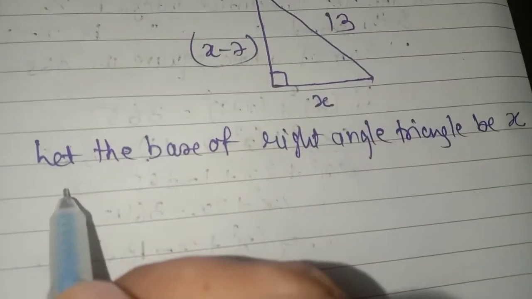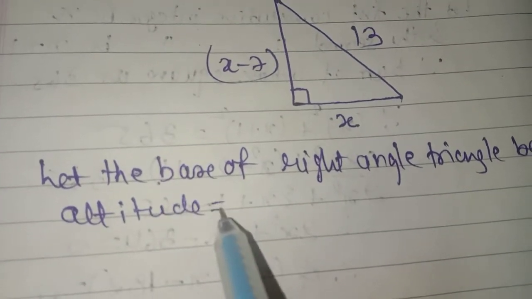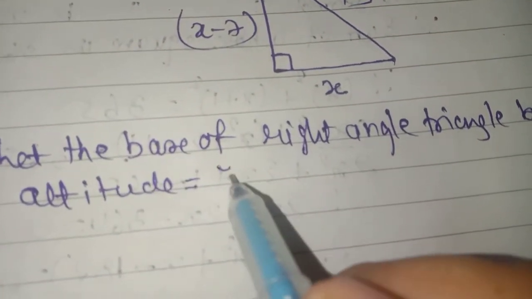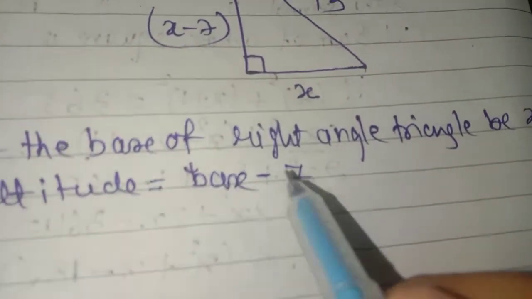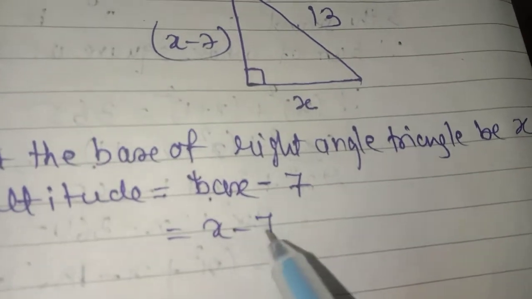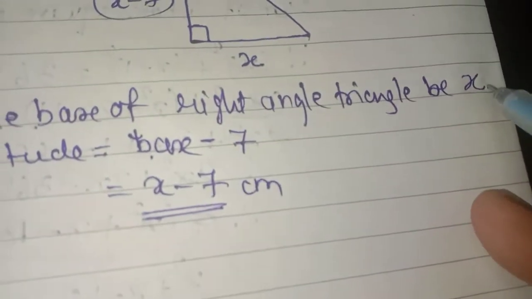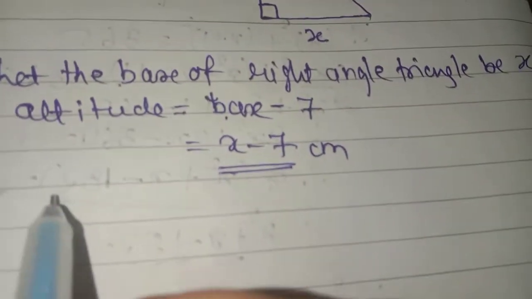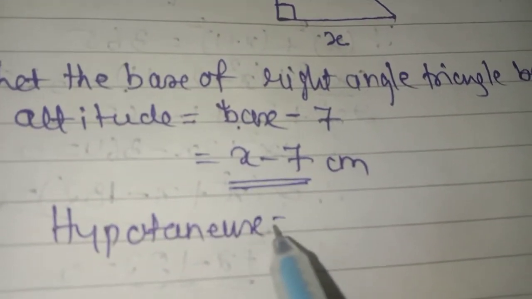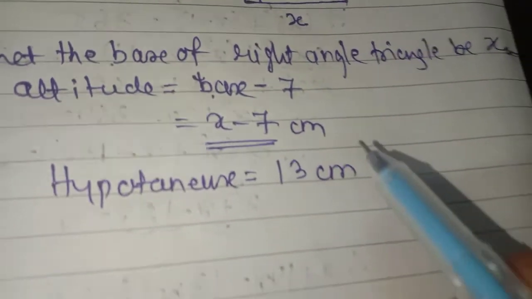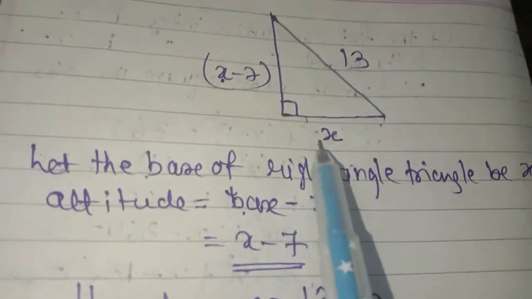The altitude is 7 centimeter less than the base, so the altitude will be x minus 7 centimeter. Please write the unit also. Now the hypotenuse is given as 13 centimeter. So how to find the remaining sides when the variables are attached with them?